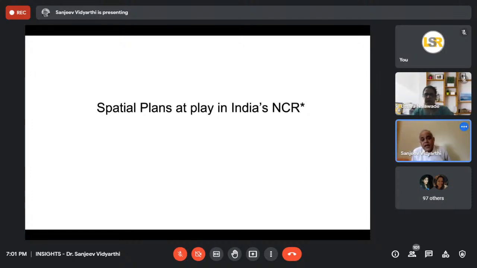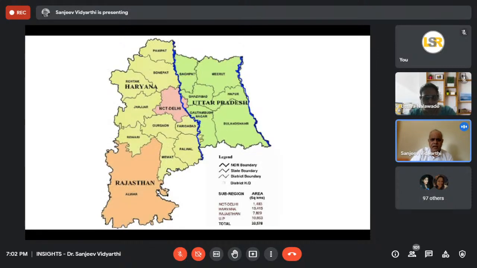Who's got the money? So these are clients for architects. That's one way to read the city. Who's got the money? Who's making the plans? What kind of plans they are making? What kind of designs they want? So that's the scale for architects to think in terms of their possible contribution in shaping urban India. So ये NCR का map है, as many of you know.